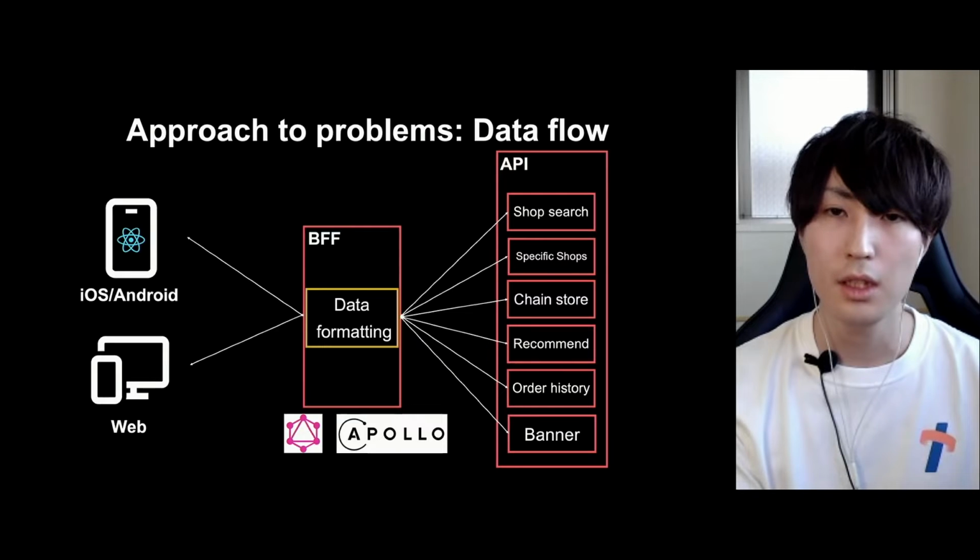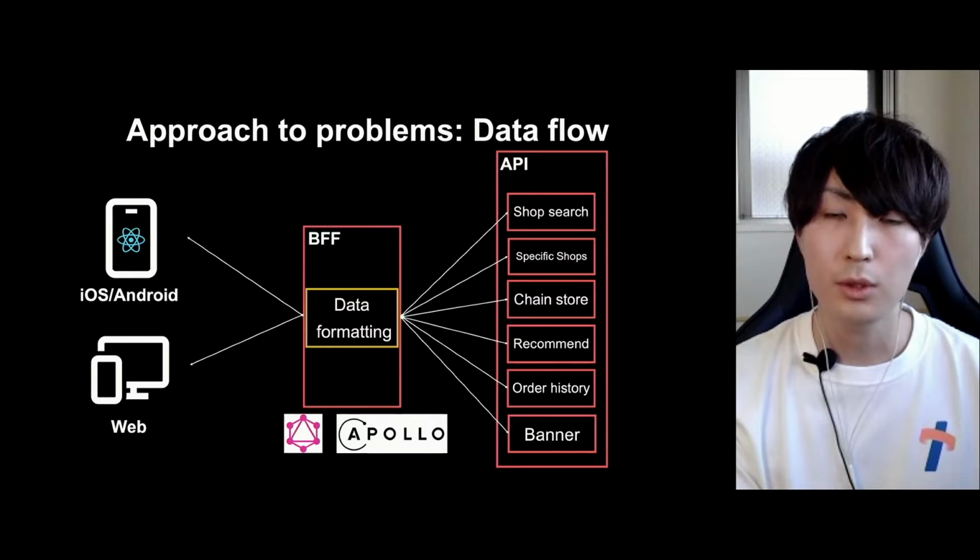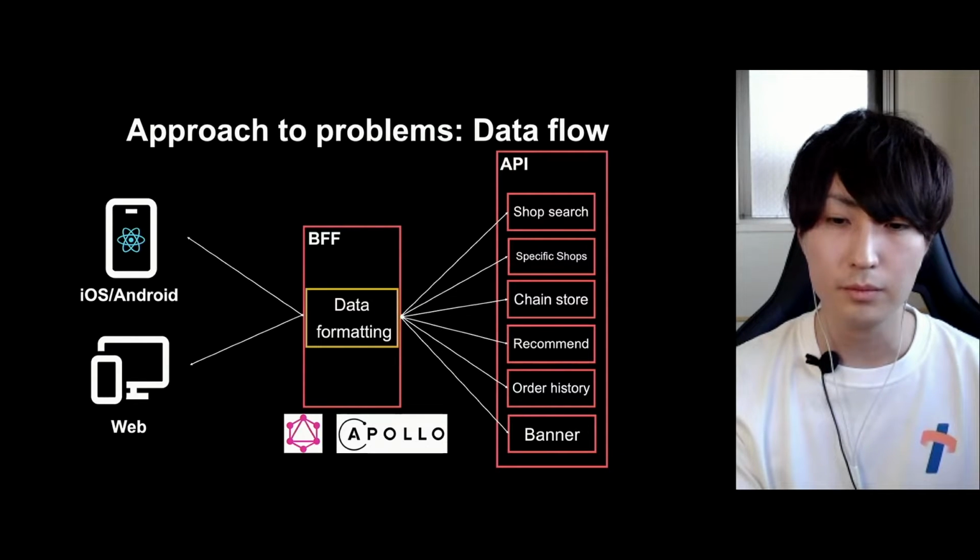In addition, since Demaecan had problems with the API over some years of operation, it's possible to confine the effects of these problems to the BFF as much as possible. BFF is implemented using GraphQL and Apollo and is operated under the leadership of the front-end team. The development language is the same, TypeScript, so the app members can contribute to the development, and they do. This way, the data formatting required for the front end is done by the BFF, which allows the front end to focus on retrieving data.